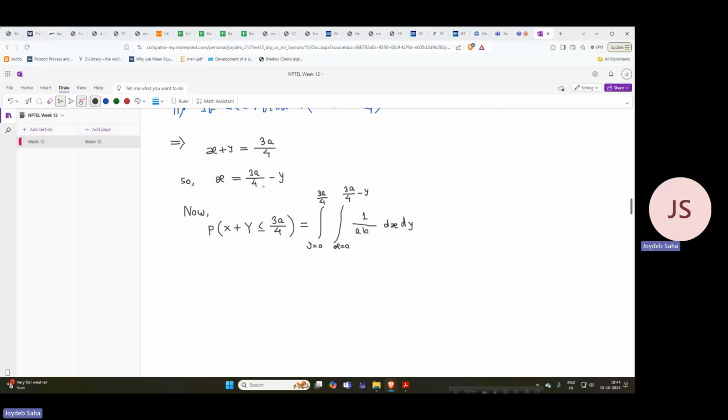Okay, now let us try to solve this integration. This is simple integration, right?